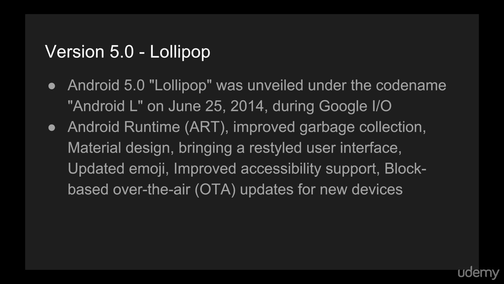The next version was 5.0 Lollipop, which was unveiled under codename Android L on June 25th, 2014 during Google I/O. It became available as official over-the-air OTA updates on November 12, 2014 for select devices that run distribution of Android serviced by Google, including Nexus and Google Play Edition devices.